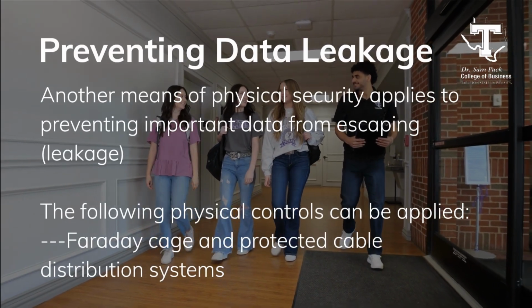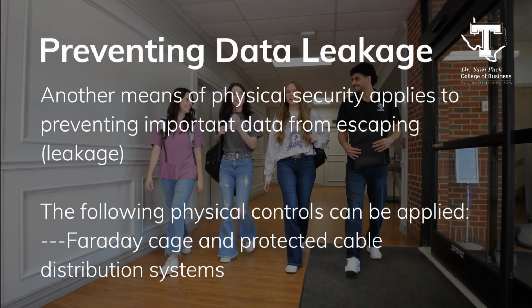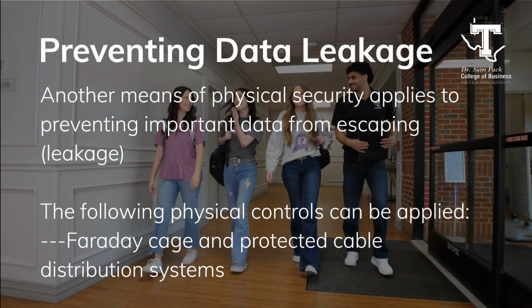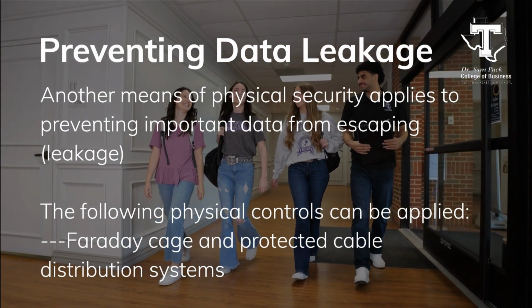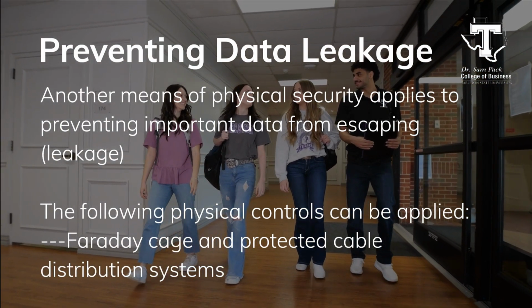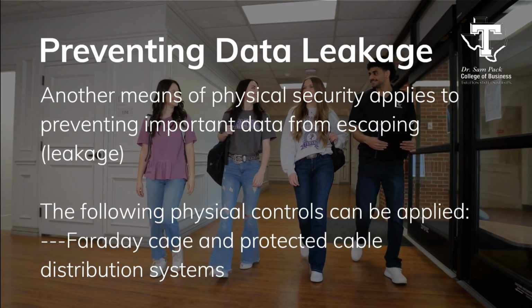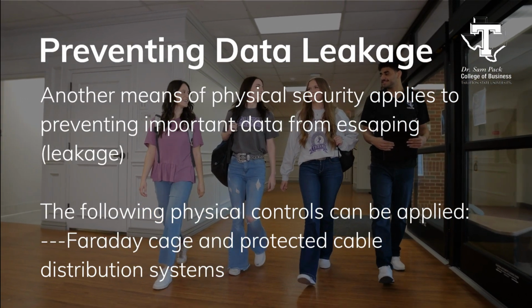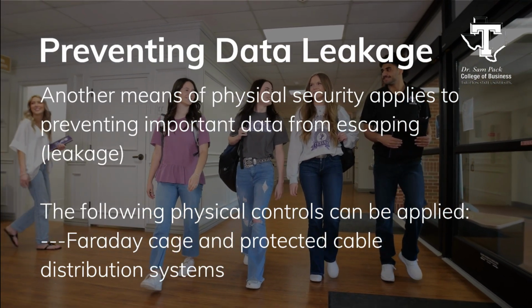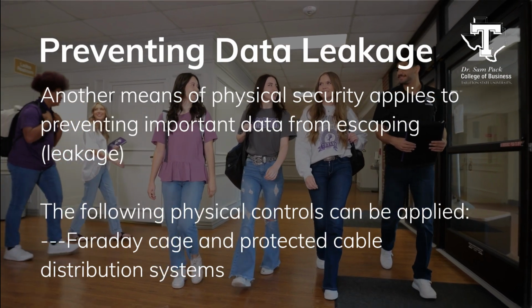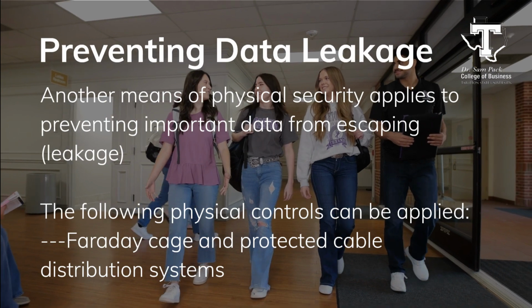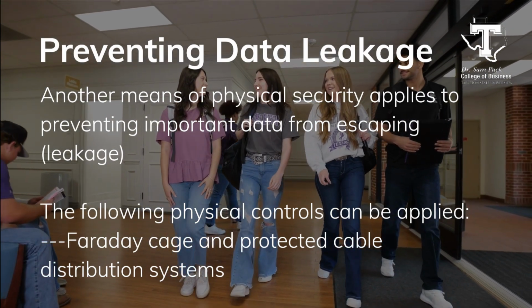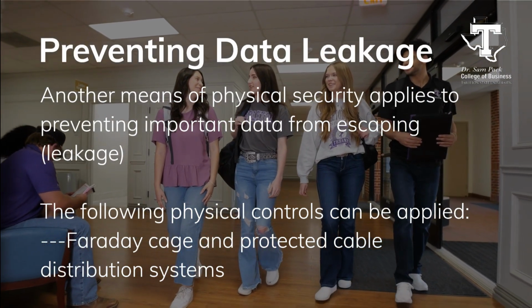To prevent the leakage of important data, physical security measures must address potential vulnerabilities in data transmission and storage. Two effective physical controls for this purpose are the use of Faraday cages and protected cable distribution systems. Faraday cage. A Faraday cage is an enclosure used to block electromagnetic fields. It is typically constructed using a conductive material mesh or continuous covering.